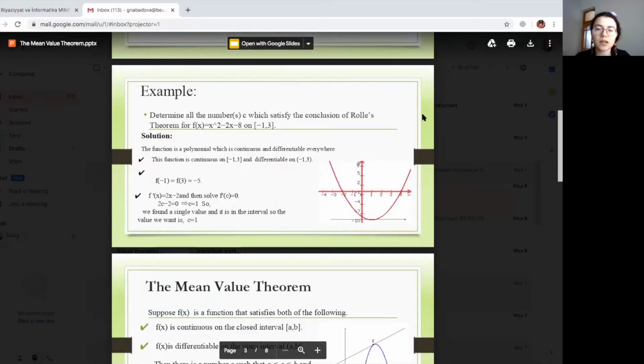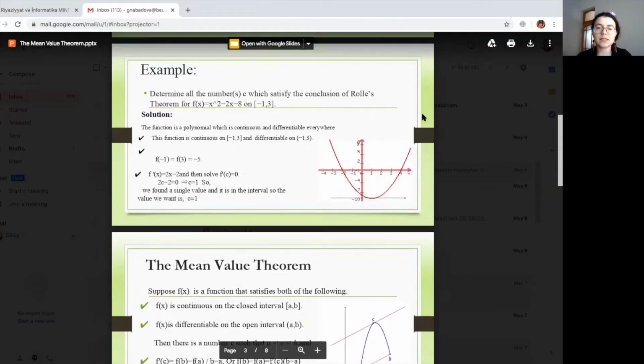Determine all the numbers c which satisfy the conclusion of Rolle's theorem for f(x) = x² - 2x - 8 on the closed interval [-1, 3]. Solution: the function is a polynomial, which is continuous and differentiable everywhere.